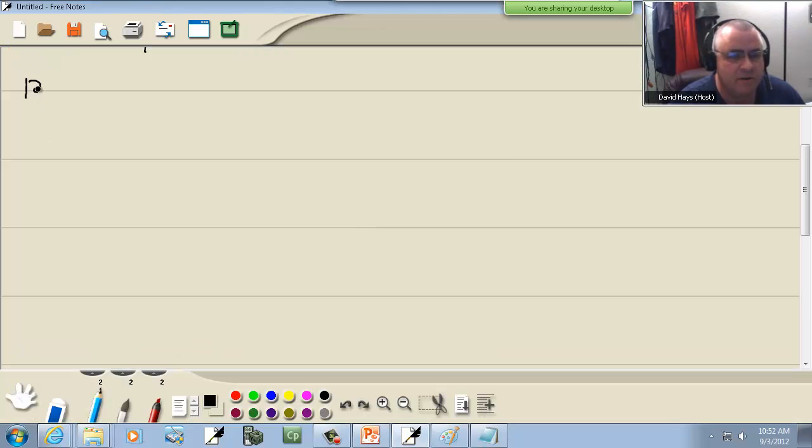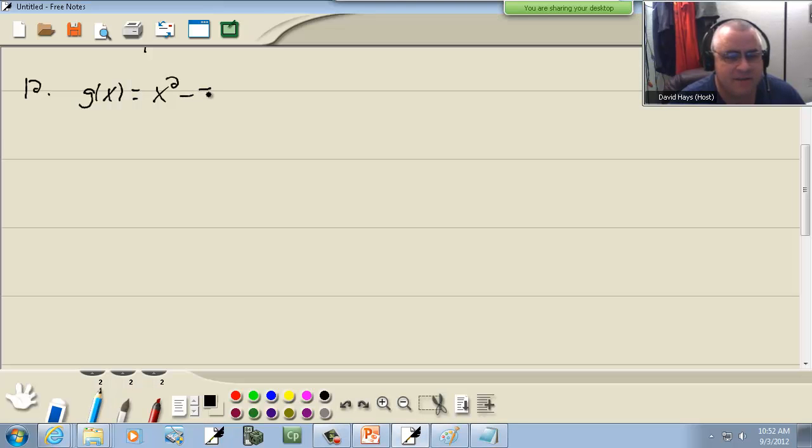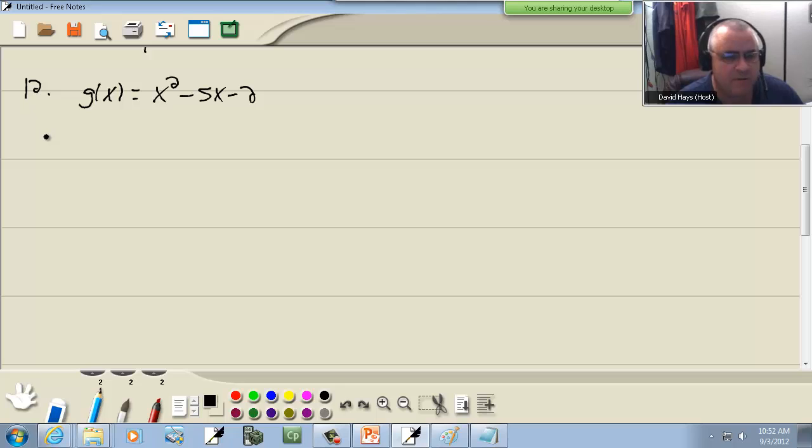So number 12 here. We got g of x is equal to x squared minus 5x minus 2. And we want to find g of negative 3.